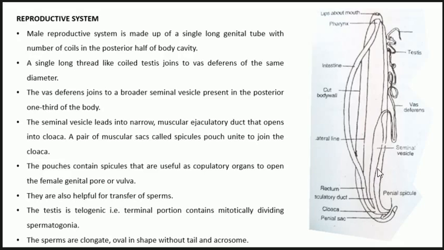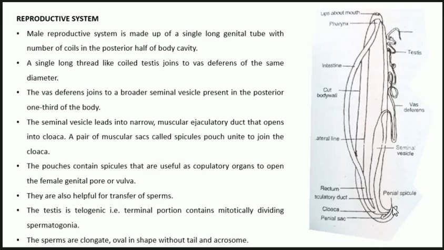This is the ejaculatory duct and it opens into the cloaca, and the pouch contains spicules. At this area there are spicules that are useful in copulation. They are one of the copulatory organs, used to open the female genital pore or the vulva.